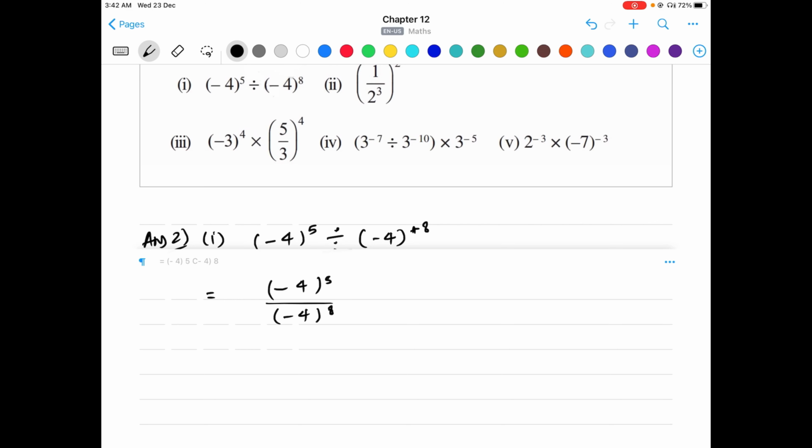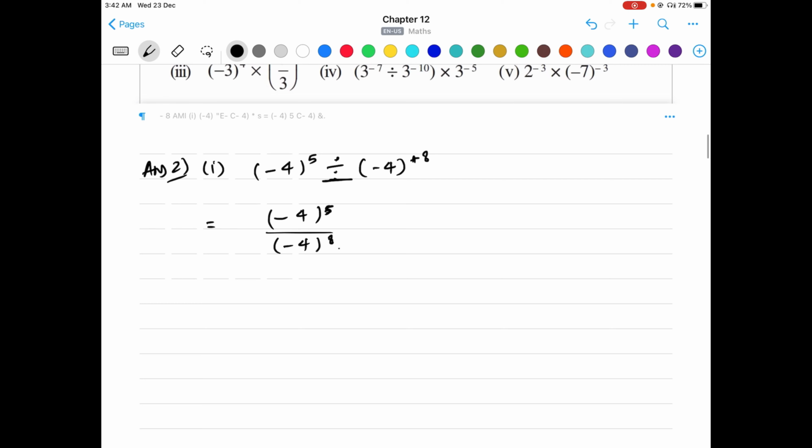So what we are going to do now is shift this minus 4 power 8 to the upper side, so it will change to minus 4. We have power 5.